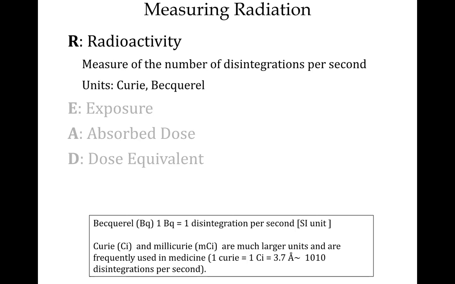That's 1 disintegration per second. So every second, there's only 1 radioactive decay occurring. The Curie or millicurie is much larger. A Curie is about a little over 1,000 disintegrations per second. So it's used in a more practical sense, like in medicine, where 1 disintegration per second isn't that big of a deal. You have to get into higher disintegrations per second before it really has a biological relevance.